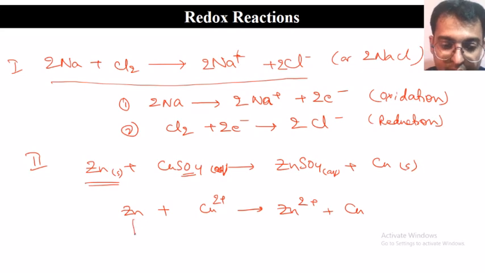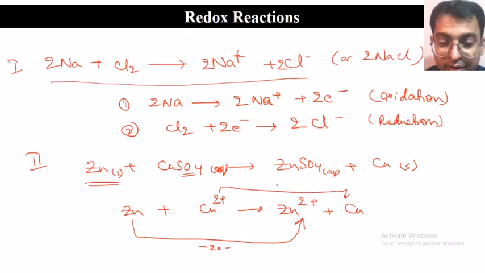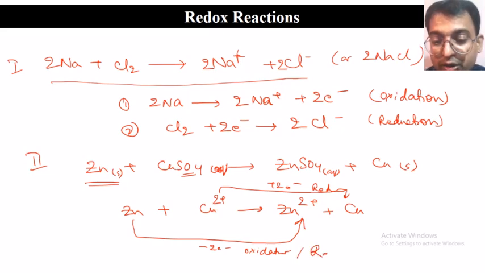So what is the conversion? Zinc became Zn2 plus, so it has lost 2 electrons. The copper ion gained 2 electrons. Therefore this is oxidation, and this is reduction. Because zinc is getting oxidized, it is reducing the other, therefore it is known as the reducing agent.